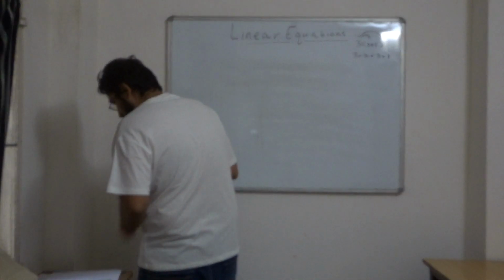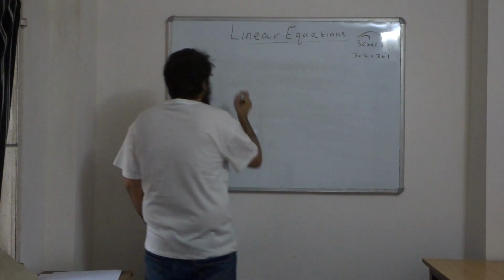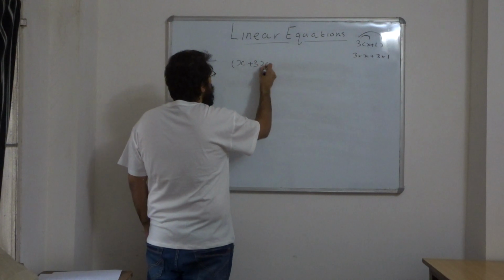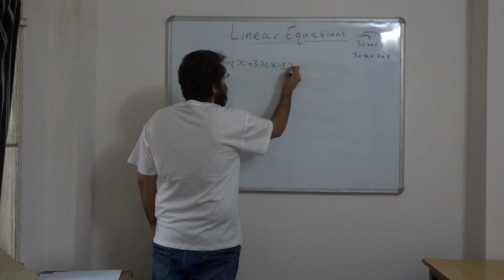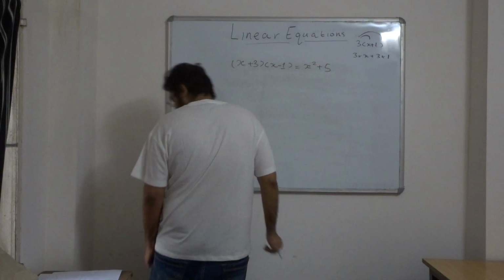So, okay. This is our next question for you. x plus 3, x minus 1 equals x squared plus 5.